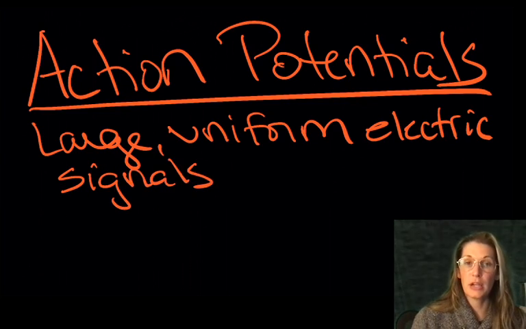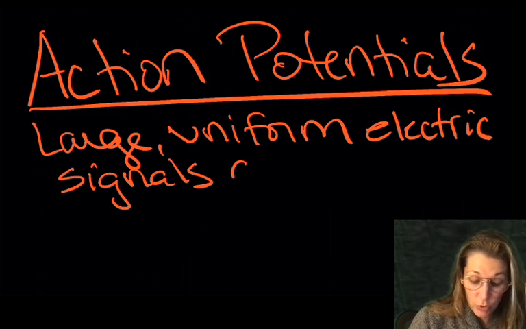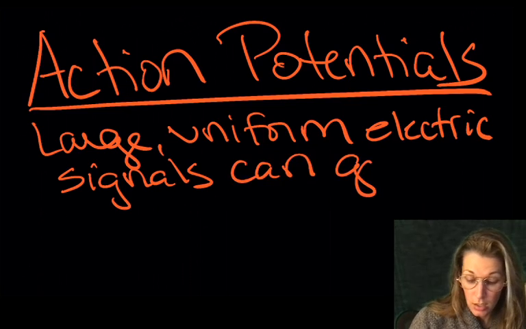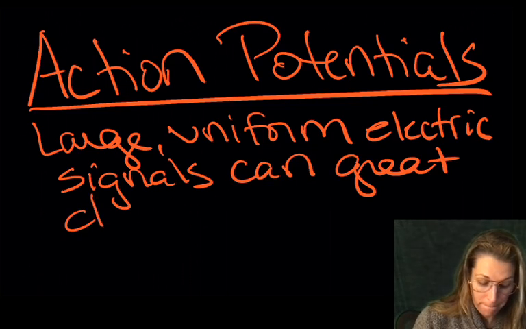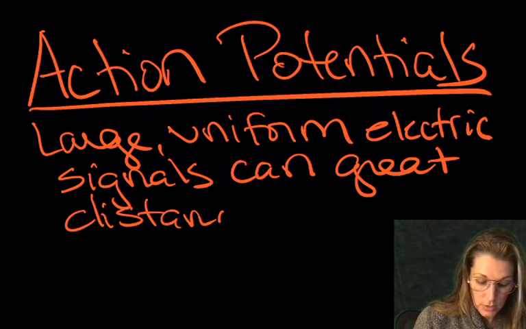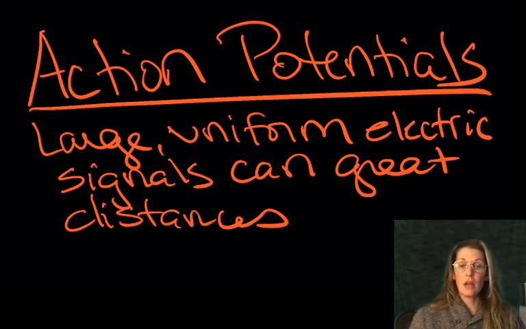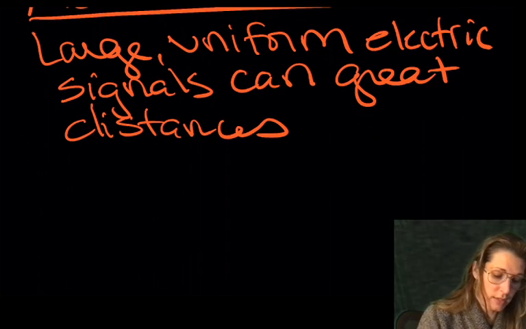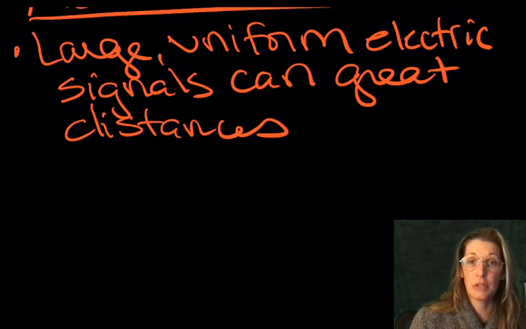Large uniform electric signals, they can travel really far. Remember I told you you have an axon that goes from your hip all the way down your leg. So they're large and uniform, they can travel really, really far.